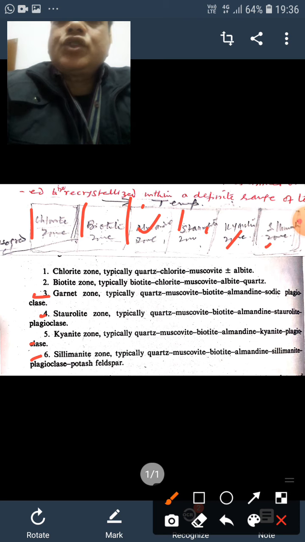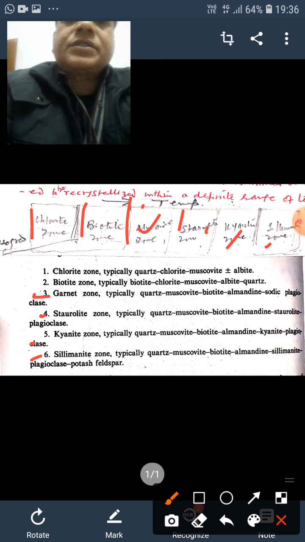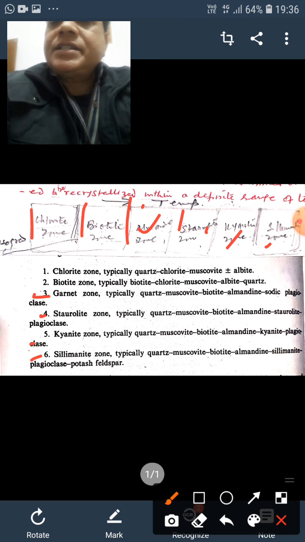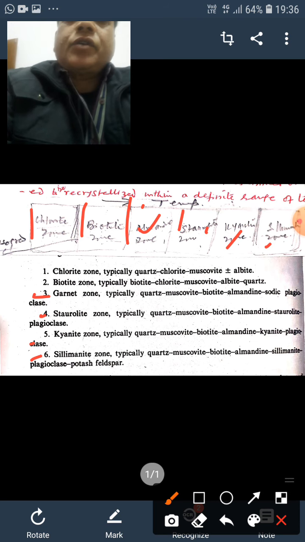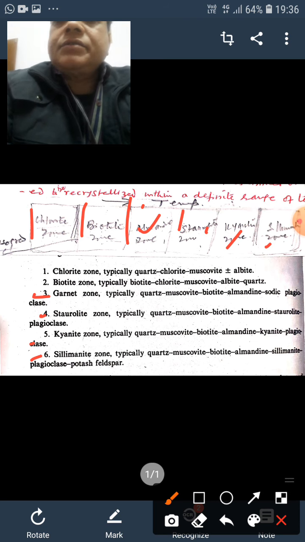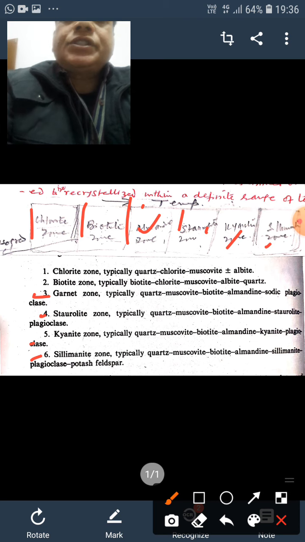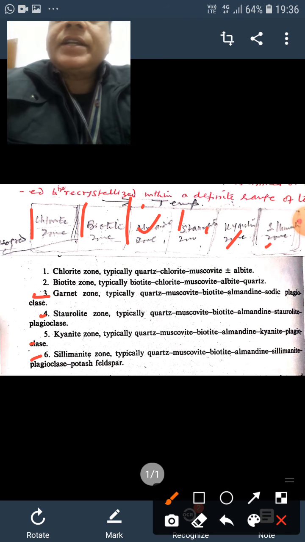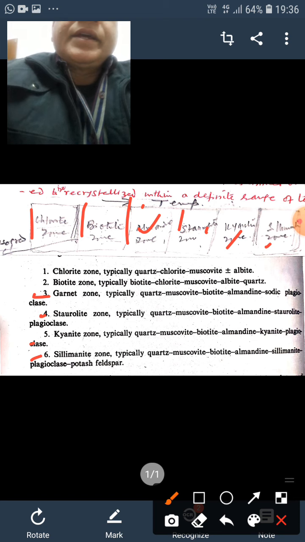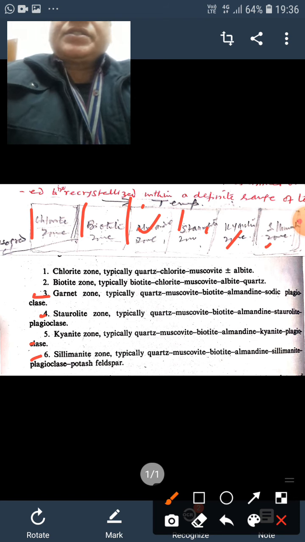It was initially assumed that an isograd was a line of constant PT, but it is now known that pressure and temperature can vary independently of each other. The present usage favors the definition of an isograd simply as a line indicating a change in the mineralogy within rock of the same composition, regardless of pressure and temperature.